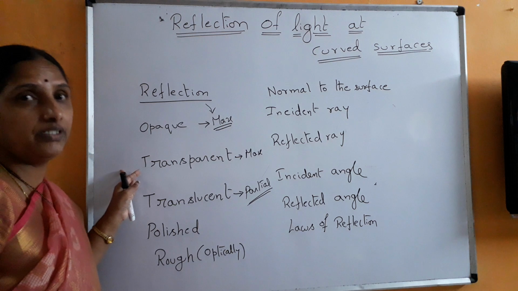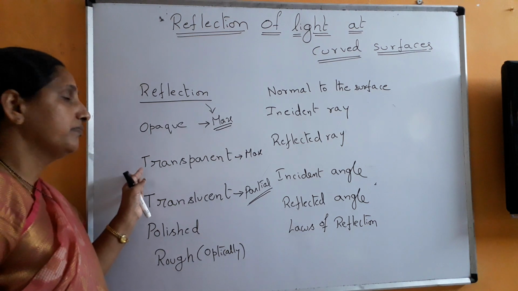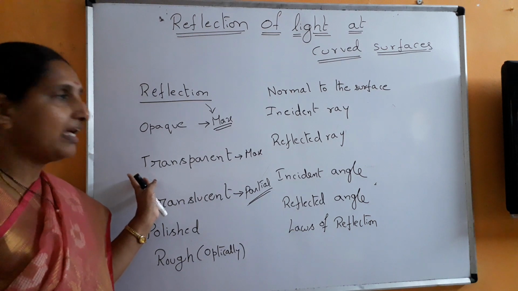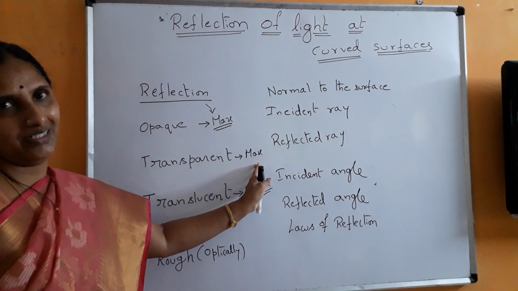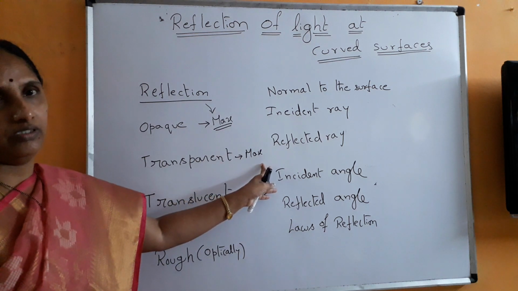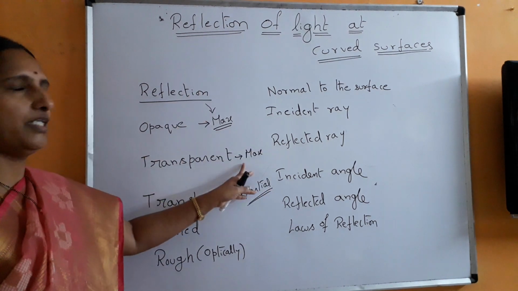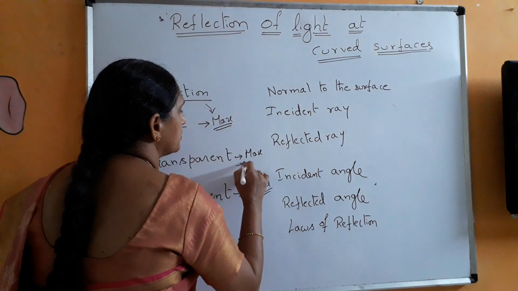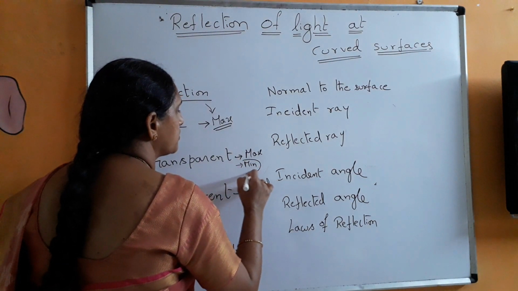Next one is transparent, a medium or a surface which allows light to pass through it. So maximum light is allowed to pass through it and minimum reflection takes place.